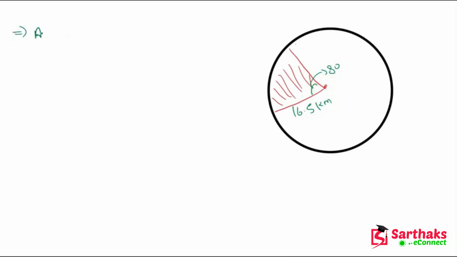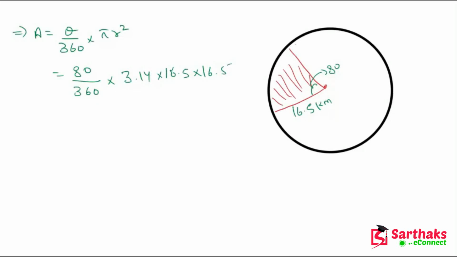So the area is, we know that, theta upon 360 into pi r square. The value of theta is 80 upon 360 into, now in the question we have been given the value of pi, which is 3.14, into radius 16.5 into 16.5. Okay, now solve this.